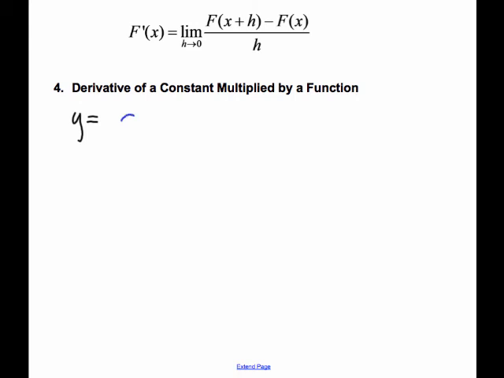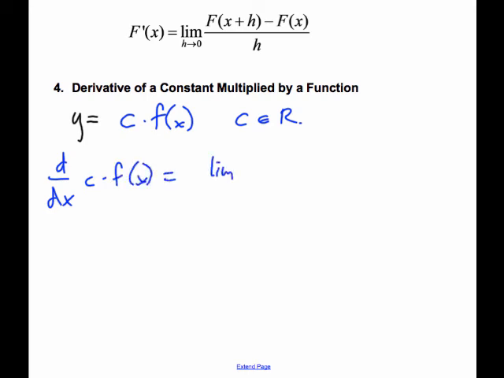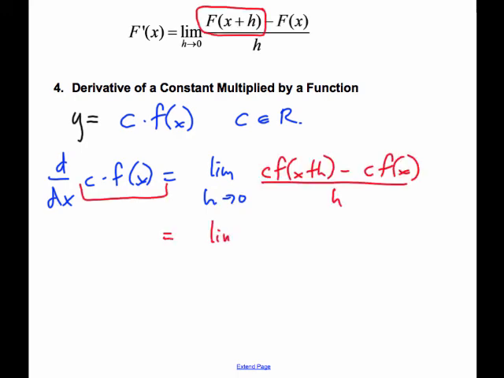Alright, and final relationship for now. We're going to take a constant times a function, where c is a real number, and we're going to do the derivative of that. So c times f of x would be, applying my definition of the derivative, on the top I could factor out c.